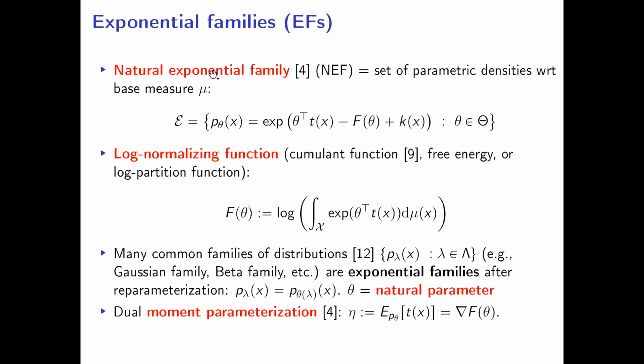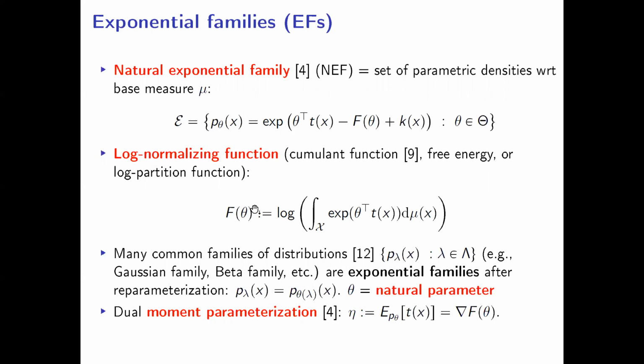So I recall the definition of a natural exponential family here. It's a parametric family of distributions whose density can be canonically expressed like that. And F here is some function that is called the cumulant function, expressed by this quantity, and it is used to normalize the distribution to 1.